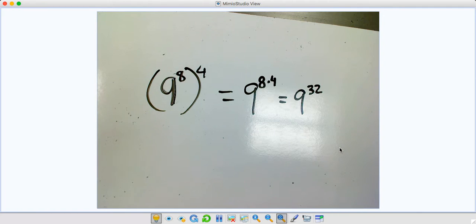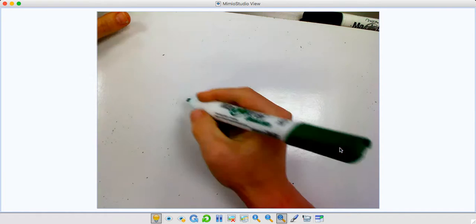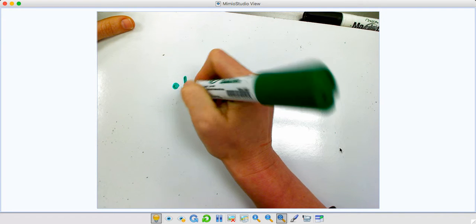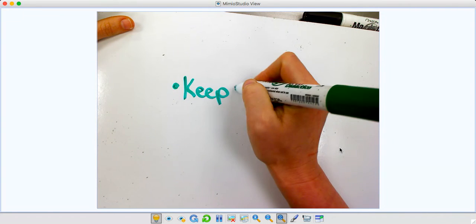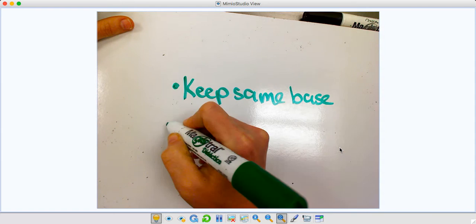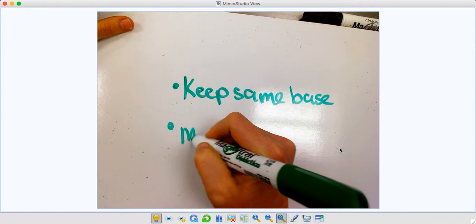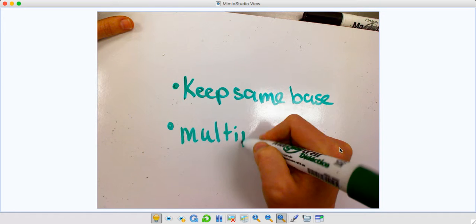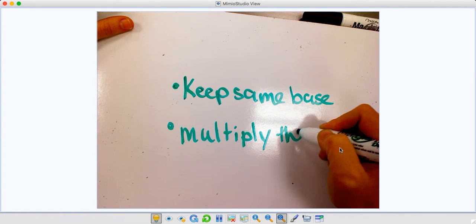Yes. So let's review the power of powers law, because you already got it. We don't even need to look at 10 examples. First, keep the same base. Second, multiply the exponents.